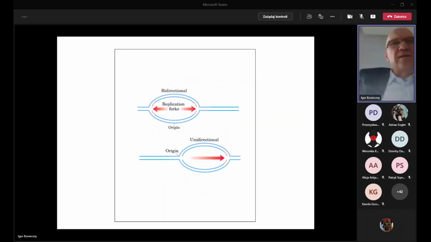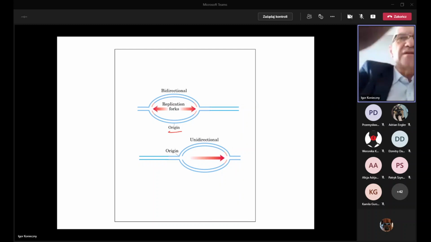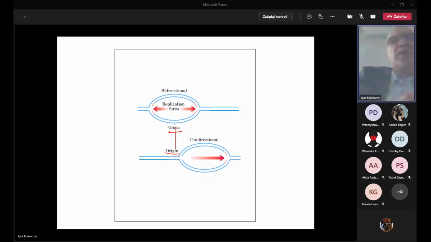This is just the original picture, but I prefer this one because the origins match. If this is bidirectional replication, the progression of replication forks goes in both directions. That would create this kind of bubble structure, and unidirectional replication would provide the extension of this bubble only to one end.